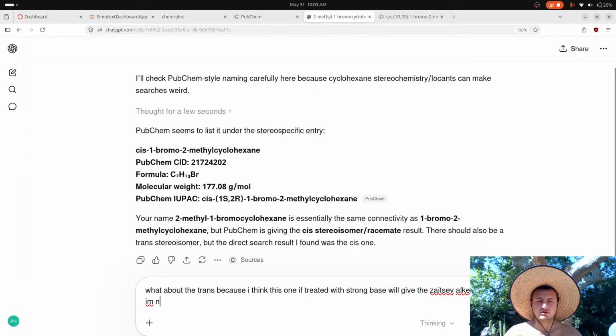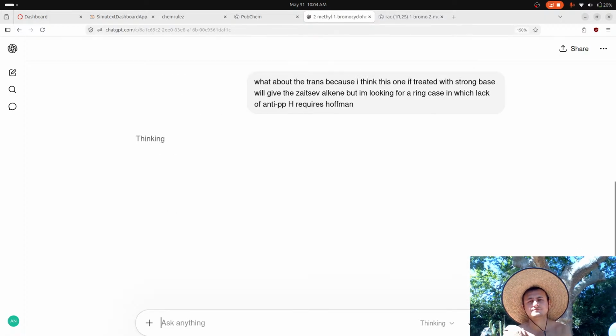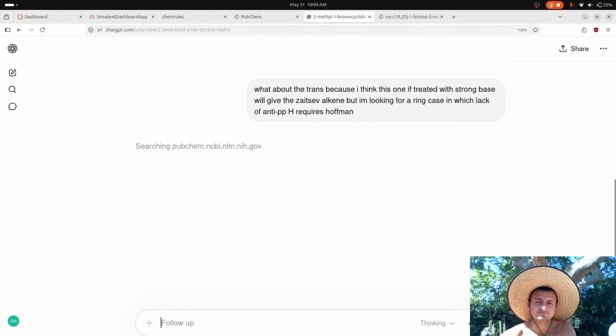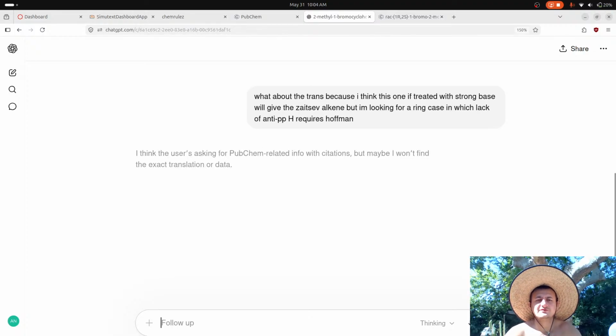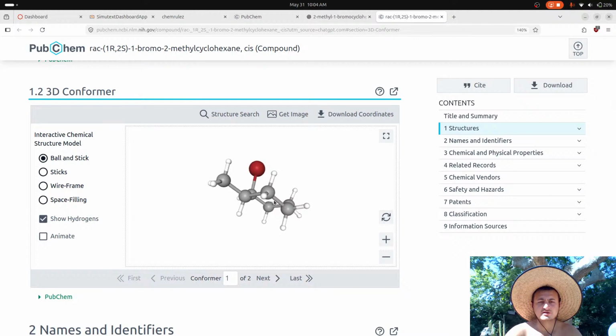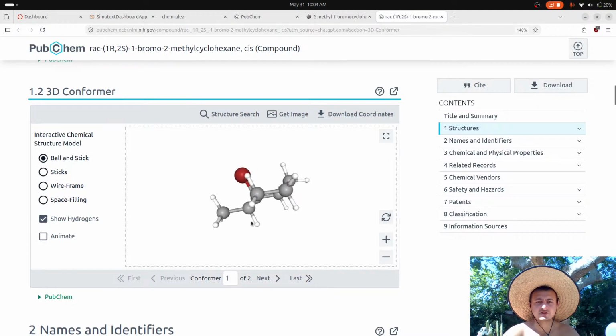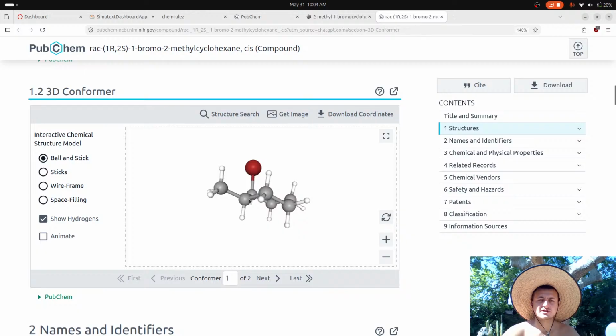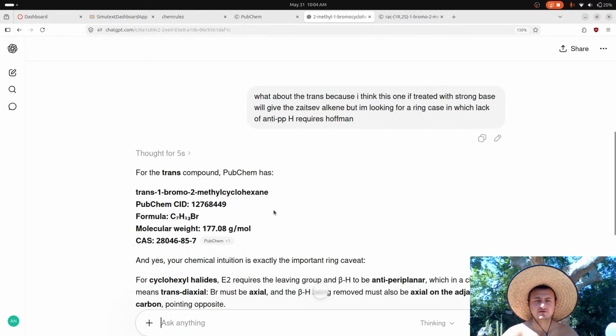But I'm looking for a ring case in which lack of anti-periplanar H requires Hofmann. Because if you see here, look, this conformer, there's a trans-diaxial interaction here. So the base pulls off this hydrogen and we get a Zaitsev.